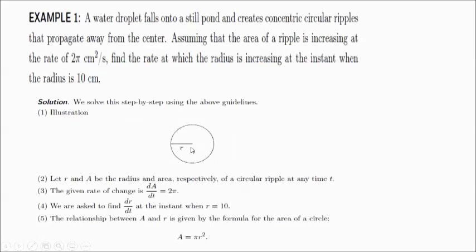So pinapakuha kasi dito yung rate of change. Di ba kapag ripple, lumalaki yung circle. As the area, kumbaga lumalaki yung area ng circle, lumalaki din yung radius. Ngayon tinatanong dito yung rate of change ng pag-increase ng radius, kapag yung radius natin is 10 centimeter.